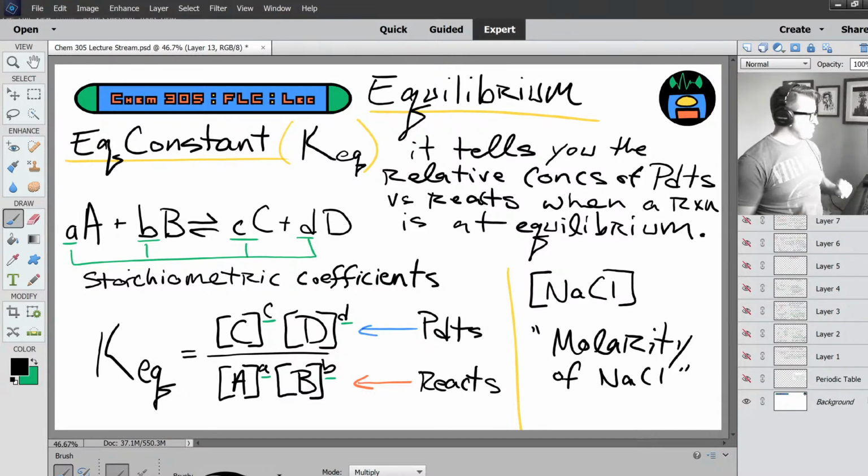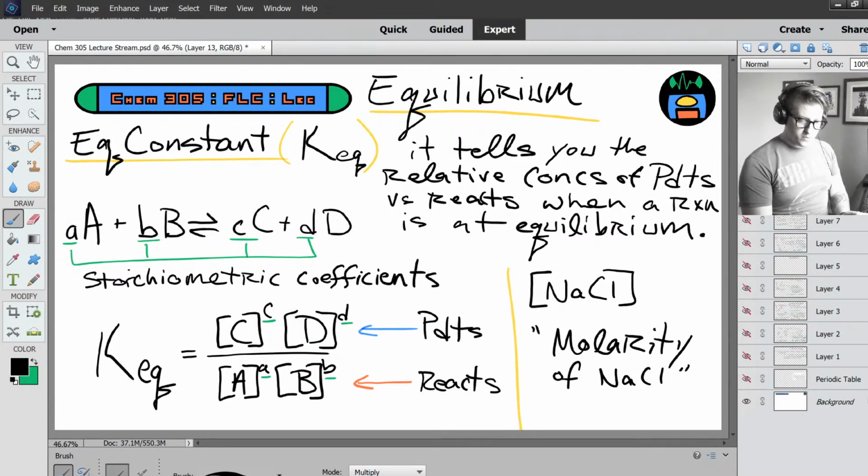That's what those brackets mean. So it's the molarity of product C raised to the power of C times the molarity of product D raised to the power of D over the molarity of A to the A times the molarity of B to the B. All right. So this is the equilibrium constant.